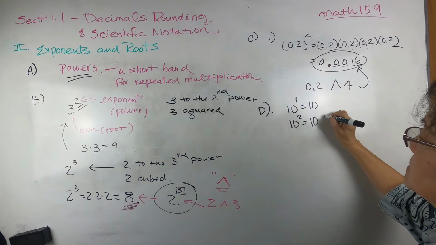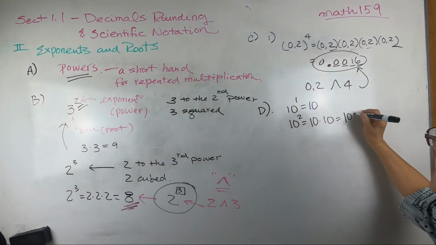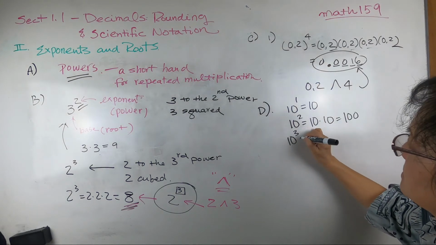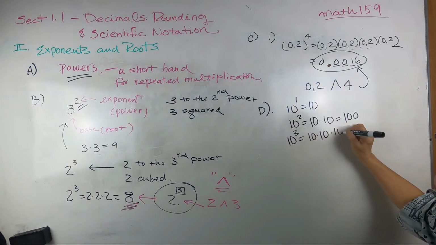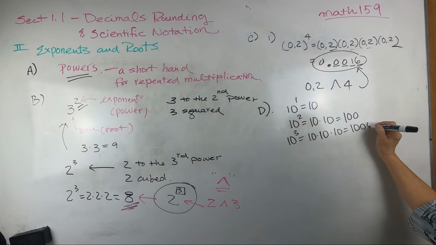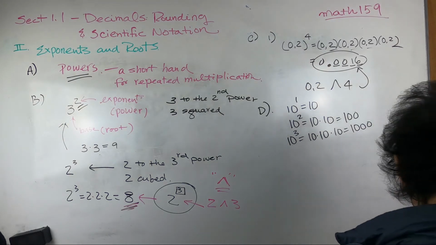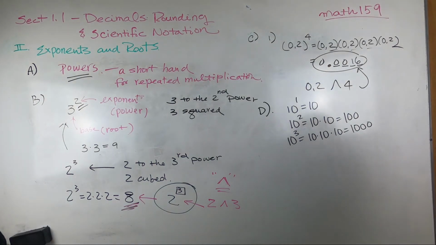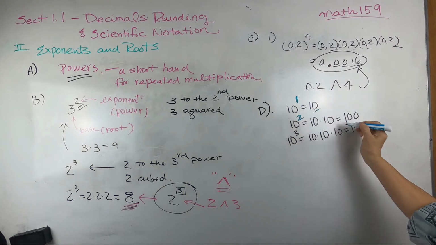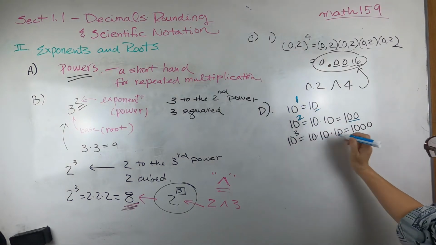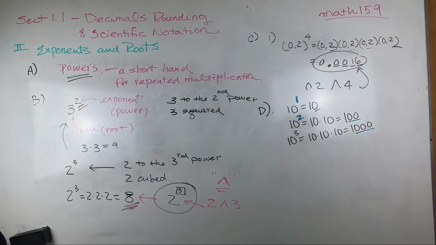Times twice, right? That would be 100. 10 to the 3rd power would be what? Times 3 times, that would be 1,000. So, did you see the pattern? 1 power, 1 zero. 2 power, you have 2 zeros. 3 power, you have 3 zeros.